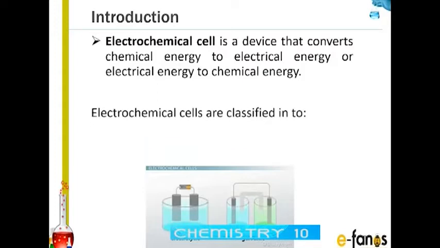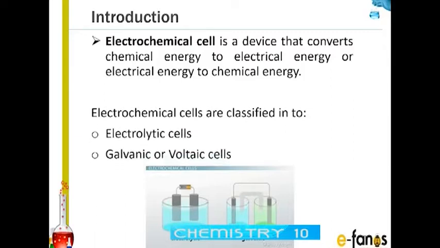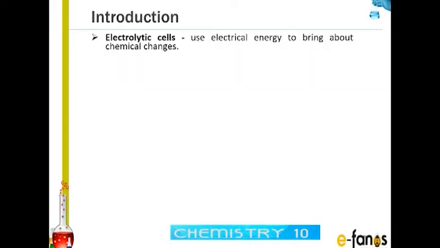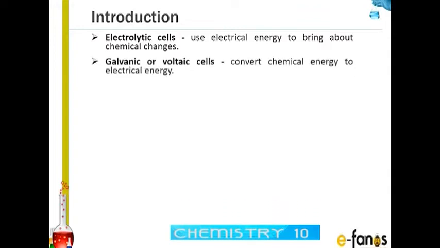Electrochemical cells are classified into two categories: electrolytic cells or galvanic or voltaic cells. In the case of electrolytic cells, we use electrical energy to bring about chemical changes, while in galvanic or voltaic cells, we convert chemical energy into electrical energy.